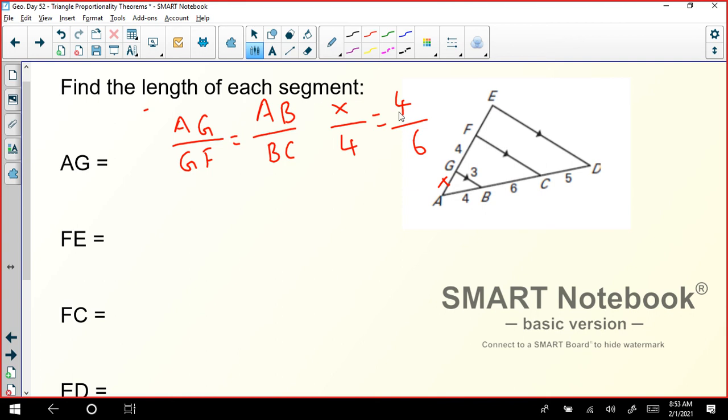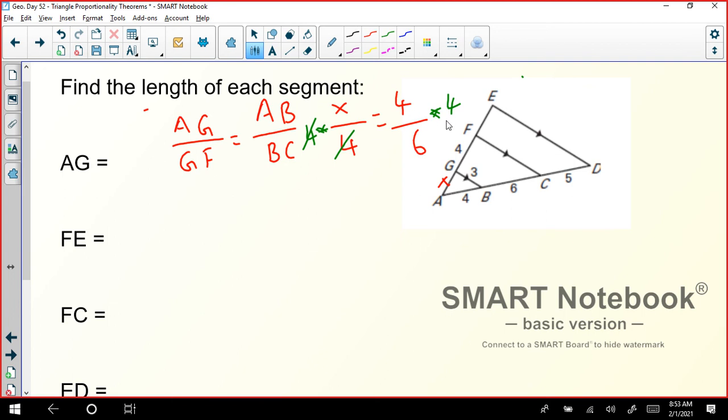One thing is you can cross multiply and simplify, but the easier way is just to multiply by 4 on both sides, and you'll get the value of X, because the 4 in the numerator and denominator will get crossed out. So you'll have X equals 4 times 4 divided by 6.